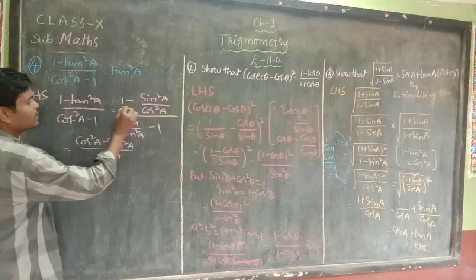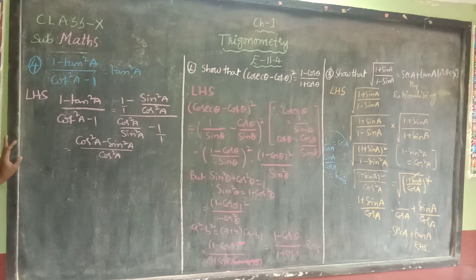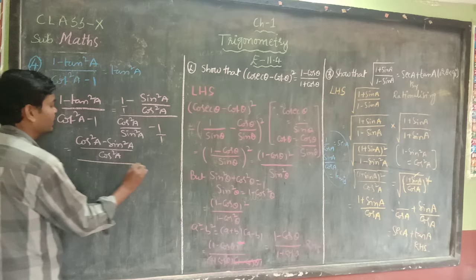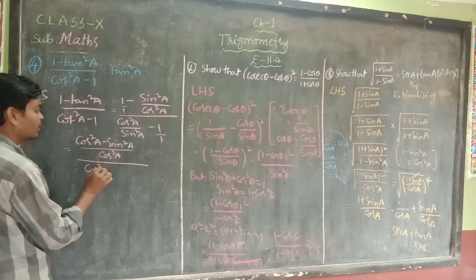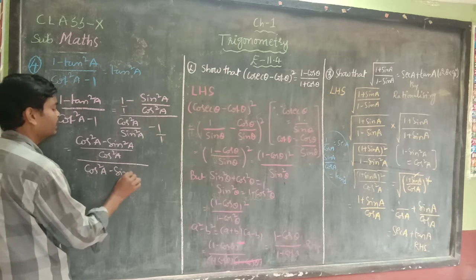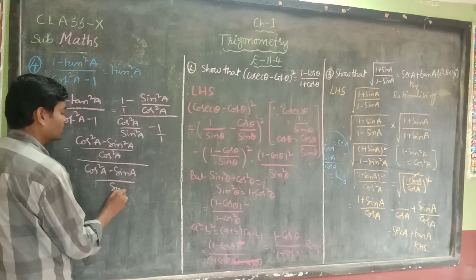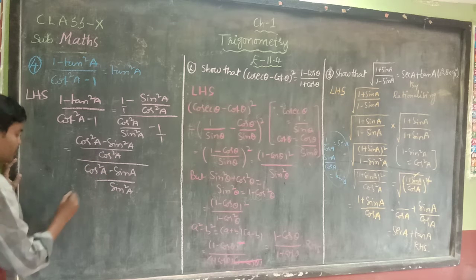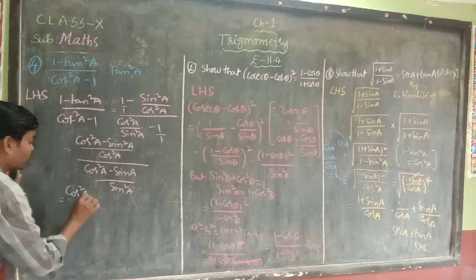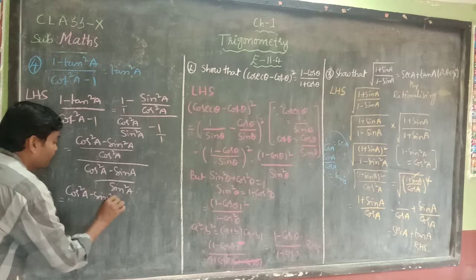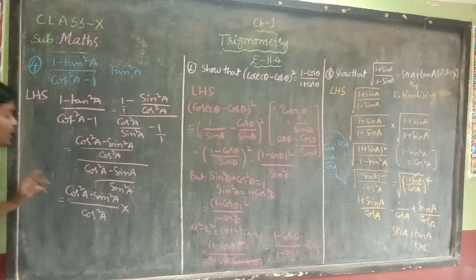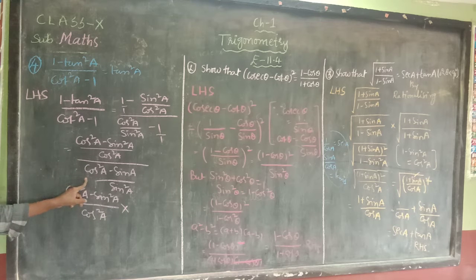Here nothing is there means 1. Therefore cos square a minus sin square a by cos square a, whole divided by cos square a minus sin square a by sin square a, writing cot as cos a by sin a. Both are fractions. When dividing a fraction with another fraction, we take the reciprocal of the denominator.